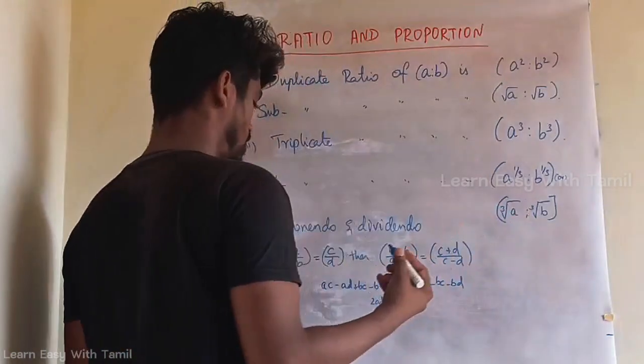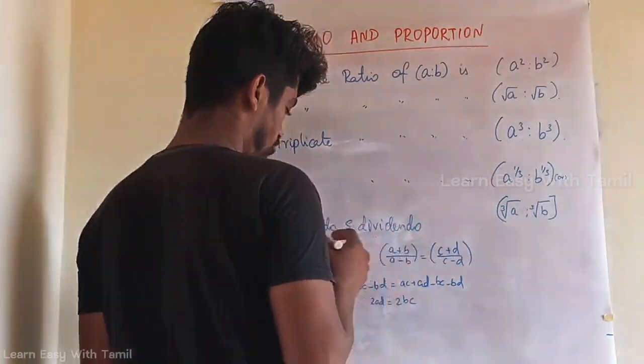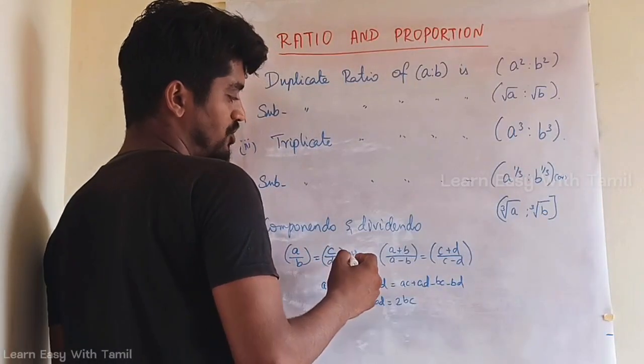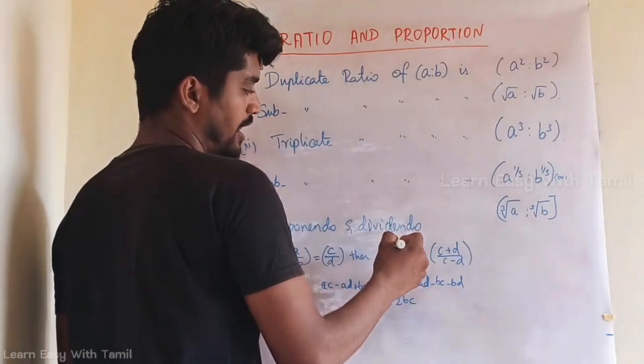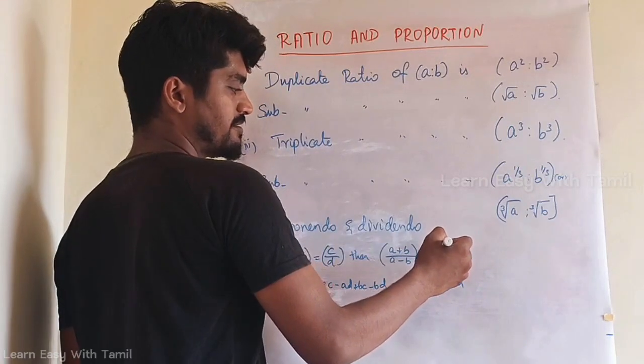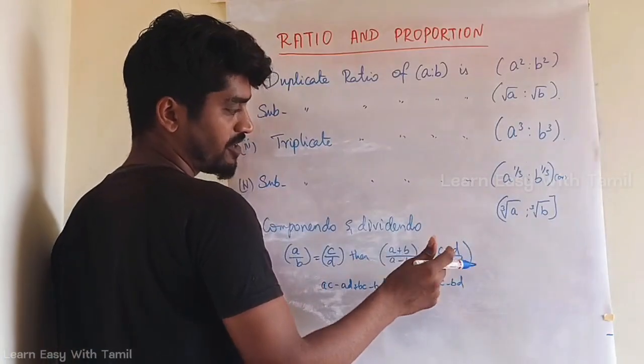Then componendo and dividendo: A by B is equal to C by D, which can be written as A plus B divided by A minus B is equal to C plus D divided by C minus D. How it comes is, we have to simplify this format.